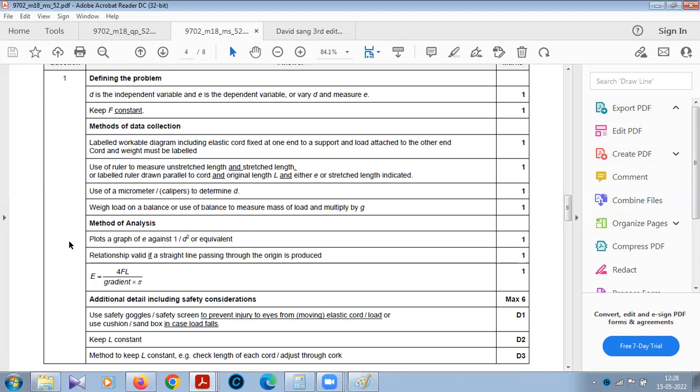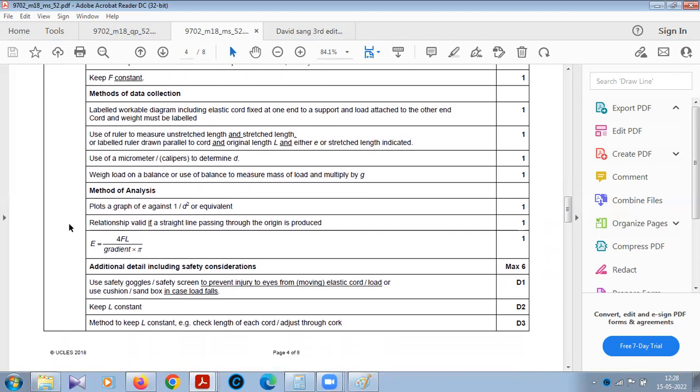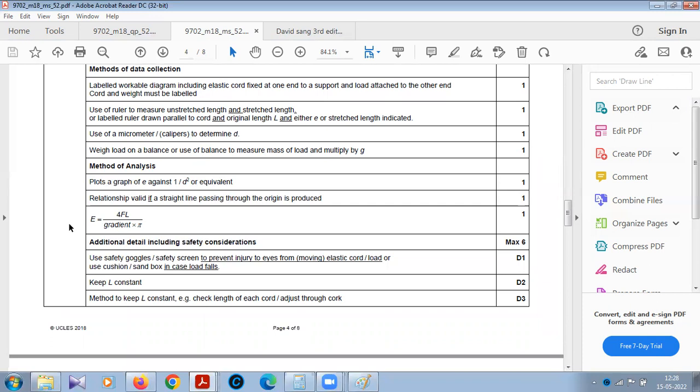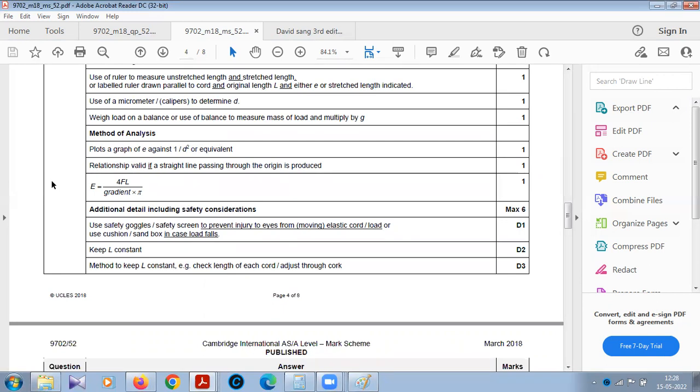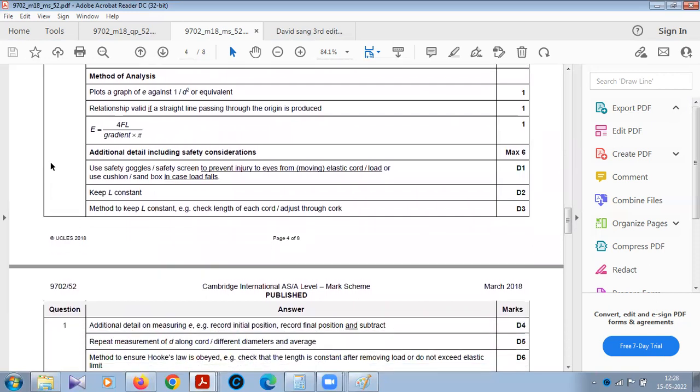Now you have to analyze the data also. So what you will do, you will plot E versus 1 upon D square. This will be a straight line, and using that straight line you can find out the gradient of that line.